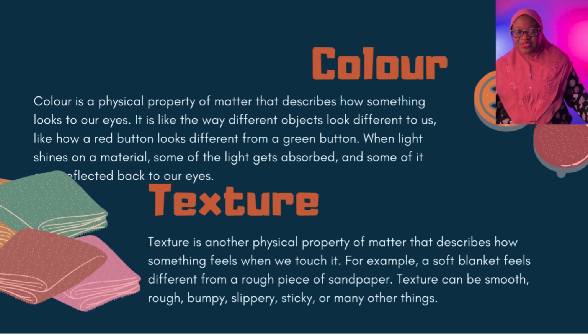Chemical properties, on the other hand, describe how materials, how substances interact with one another. For example, if you add vinegar to baking powder, what happens there is a chemical change, because you're now changing the inherent nature of the vinegar as well as that of the baking powder in that experiment.